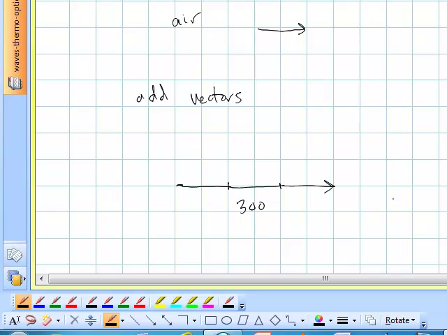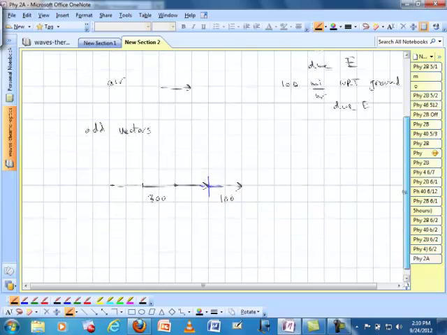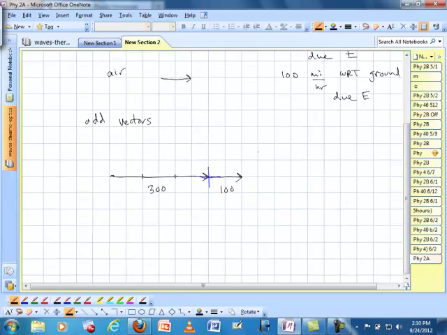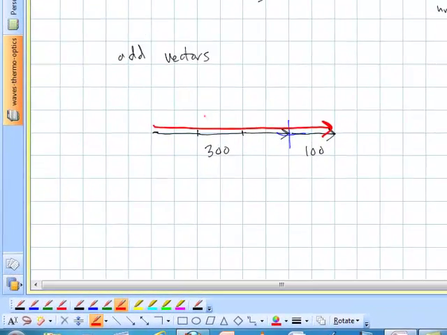So now I go out to the tip of the first vector, and I sort of view this as my origin now, and I can draw my second vector. My second vector is right there. And then the sum of those, I'll use red.